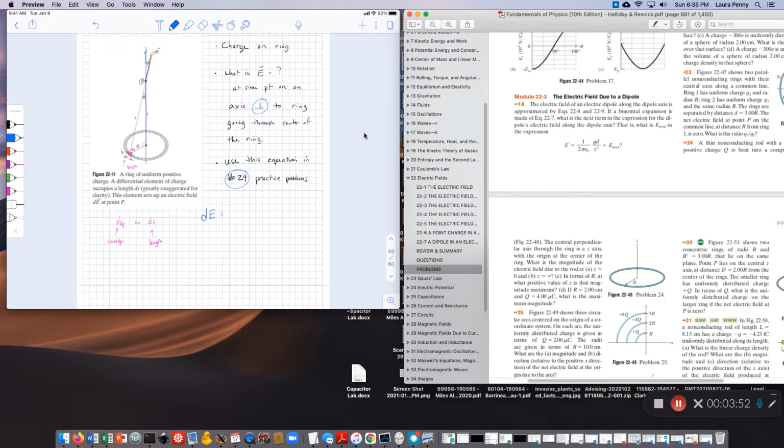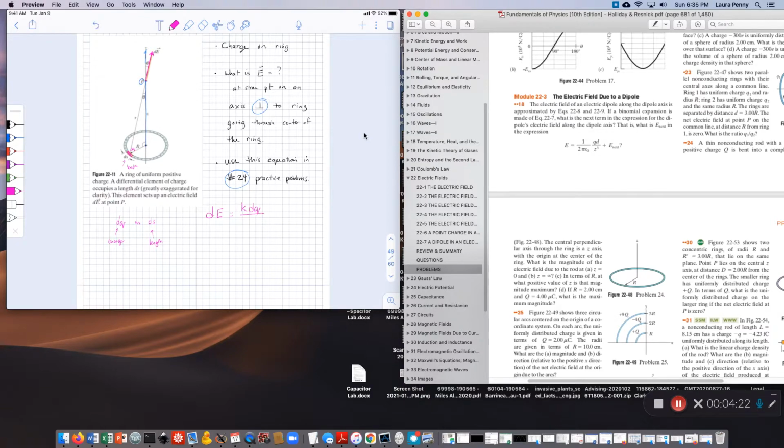We'll go back and do everything in pink. So dE is being produced because of that little dq that's down there. Because we're pretending that's a little teeny point charge, we're going to use the electric field produced by a point charge, which is k dq.